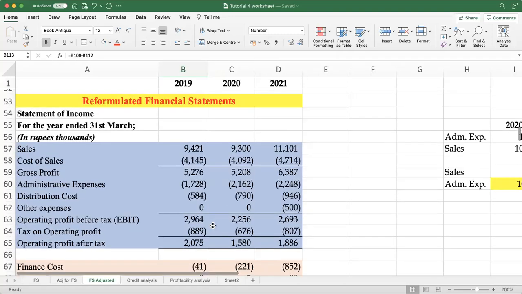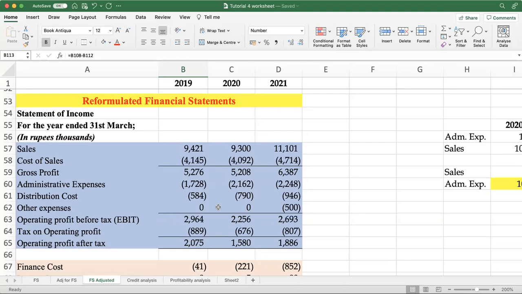Then we reformulated the adjusted financial statements. We reorganized financial statement items. Then we did the analysis for these reformulated financial statements.